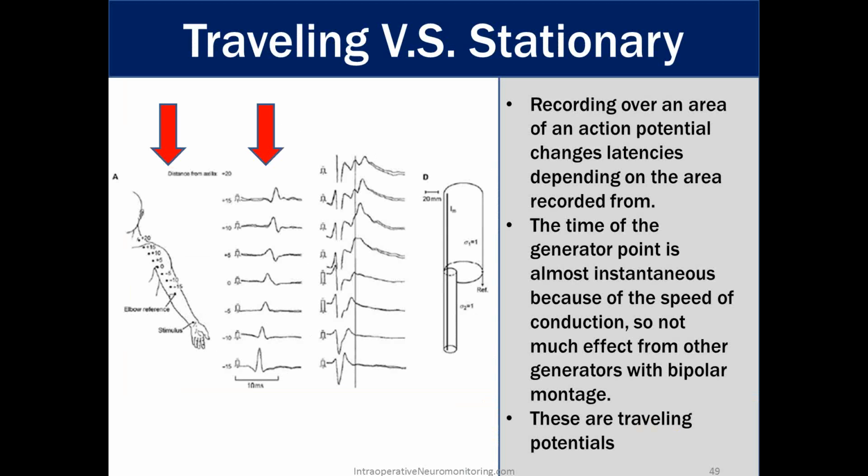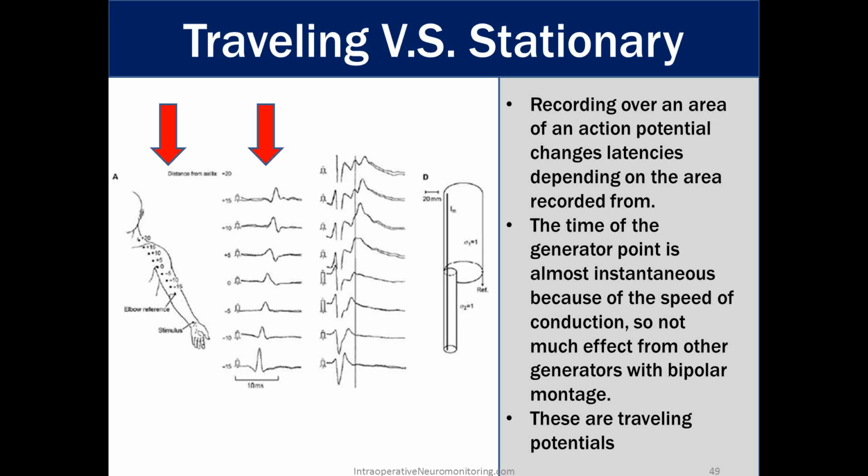So now let's better define this traveling versus stationary responses. If we look at the little guy's arm on picture A, we see that we have a bunch of different recording electrodes along the arm, all the way from the elbow up to Erb's point. We cause a stimulation, and like I said before, because of different impedances of skin, we have changes in the amplitude size.